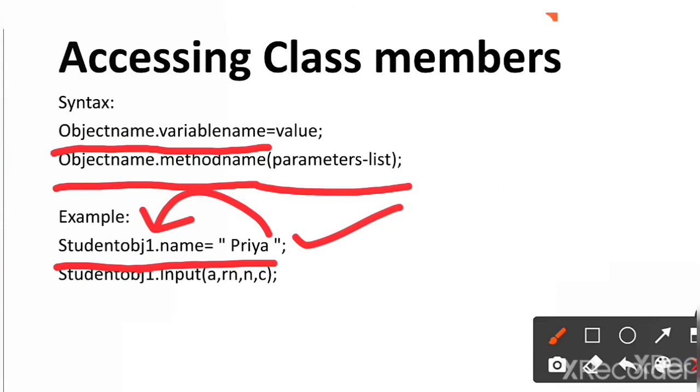Similarly, to call the input method of the student class, we will write student object 1, dot operator and then the name of the function along with the parameters, if the function accepts any parameter. If the function does not accept any parameter, then you will specify empty parentheses. Okay, this is all about accessing the members of a class with the help of the dot operator.